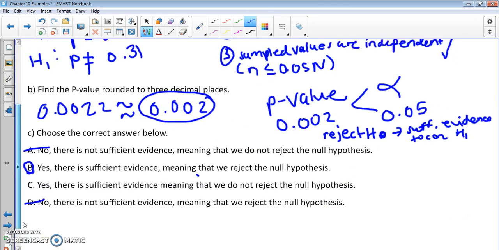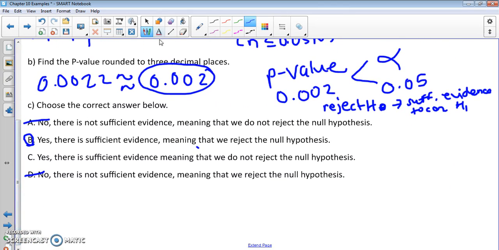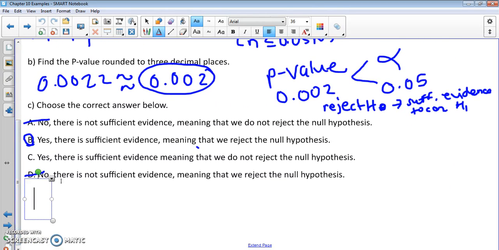Just to get us some extra practice, let's write out our statement here in context.